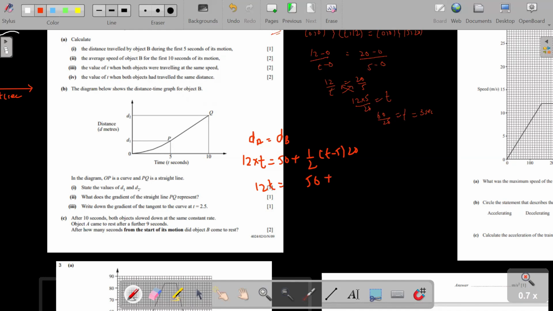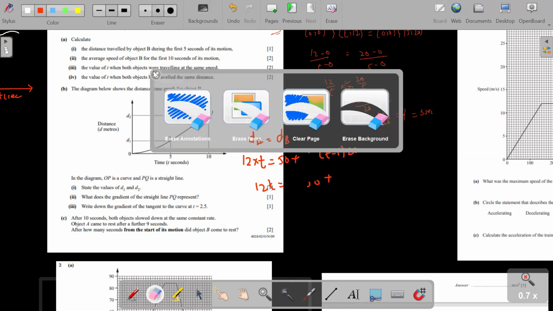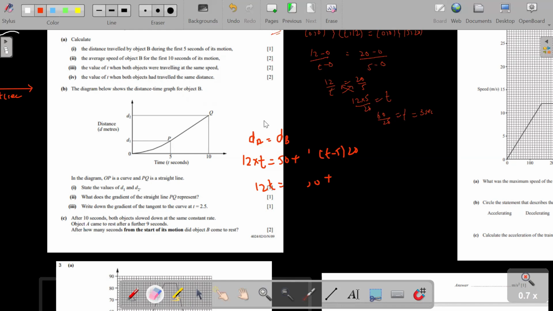Sorry, it will not be like that, it was a rectangle. For the case of a rectangle, we don't need to divide it by half. Plus 20t minus 100 and minus 50. Then 50 is simplified. I hope you understand it well.